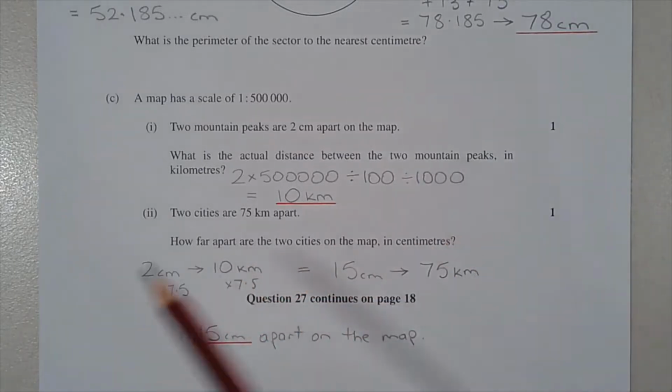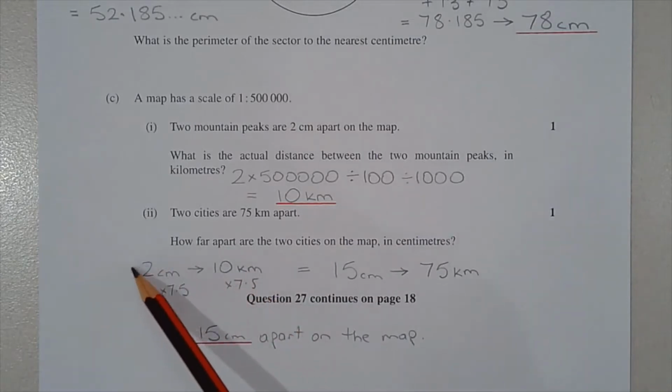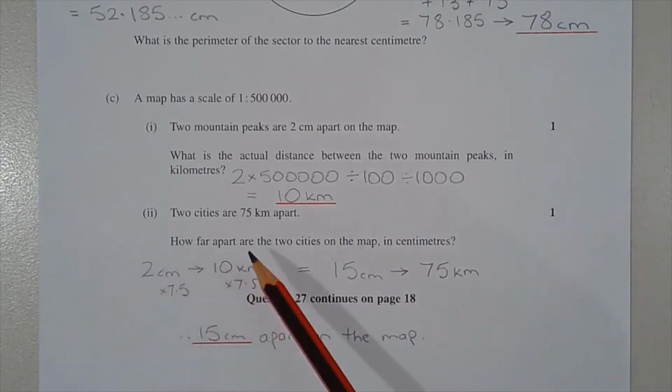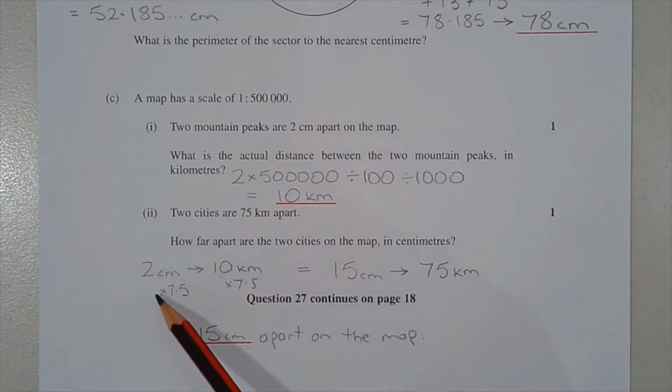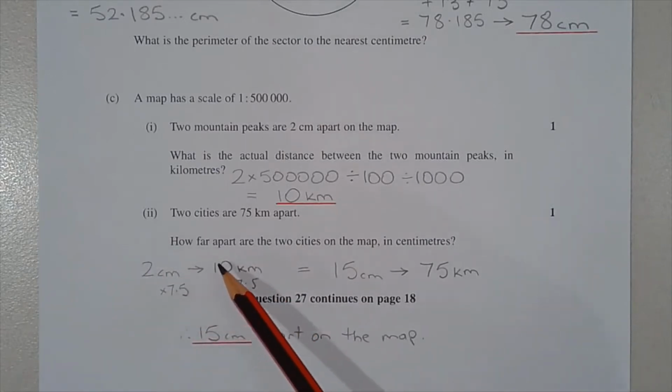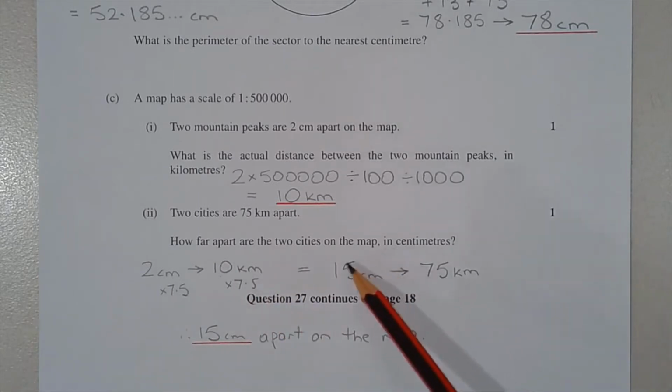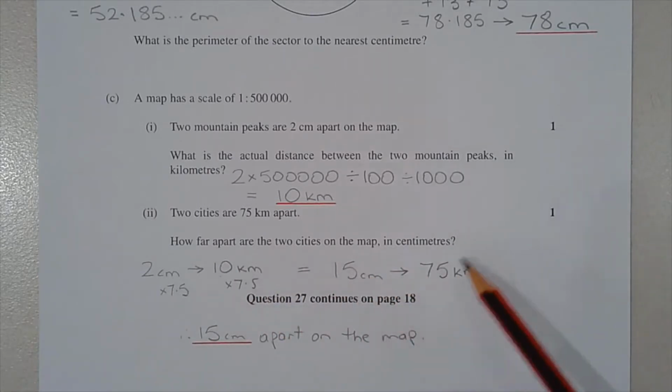To translate that back into a distance on the map, we need to multiply the 2 centimeters also by 7.5. So if 2 centimeters corresponds to 10 kilometers, then 2 times 7.5 centimeters corresponds to 10 times 7.5 kilometers in real life. So 15 centimeters corresponds to 75 kilometers in reality, so therefore the two cities on the map are 15 centimeters apart.